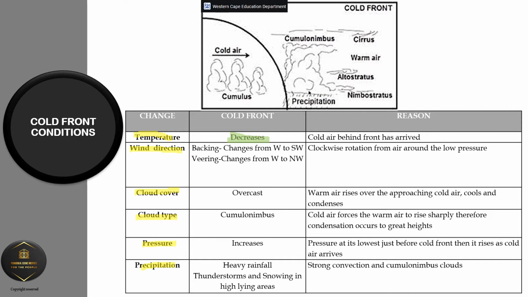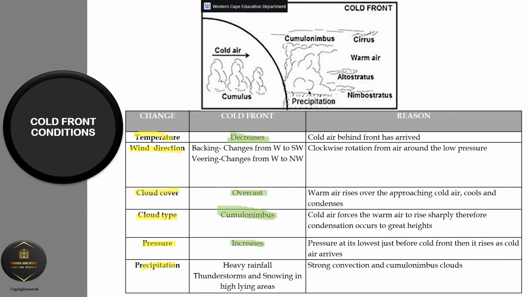And of course, when it rains, temperatures decrease, right? And what will happen then to the cloud cover? Cloud cover is overcast. Why? Because of this rapid rising warm air. What happens to the cloud type? The cloud type we have is cumulonimbus clouds, as we had already discussed, and the pressure will increase.